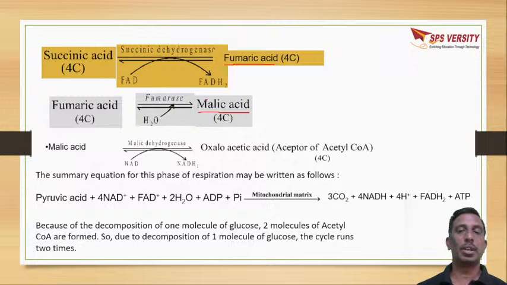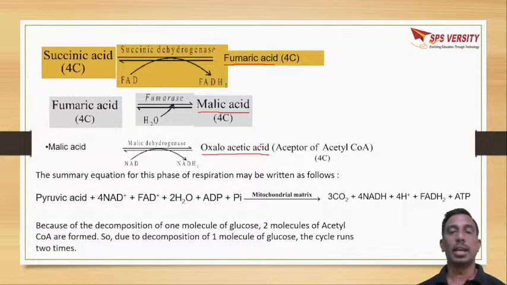Malic acid, on oxidation, again forms oxaloacetic acid, which is the acceptor of acetyl coenzyme A. So by the end, from 1 acetyl coenzyme A, 3 NADH2, 1 FADH2, 1 ATP and 2 CO2 are released.